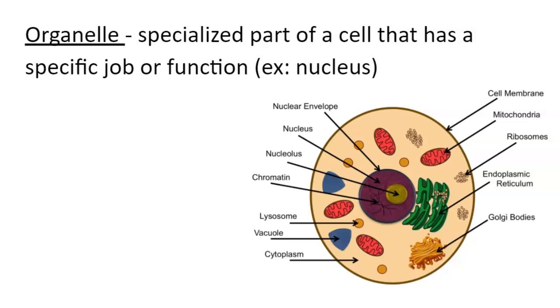So if we're talking about in the kitchen, a knife has a very different job than a fork, right? We use a knife to cut up stuff, and a fork we use mostly to eat things. So they have a different shape because they have a different function. Same thing in biology. You see all these little guys in here, they have different shapes because they have different functions or jobs.